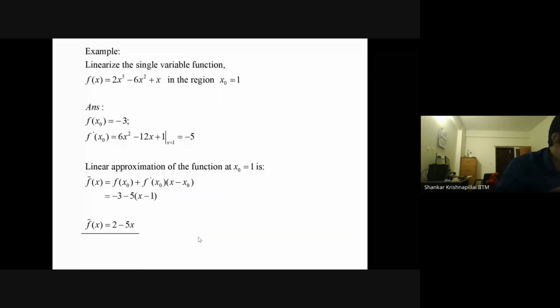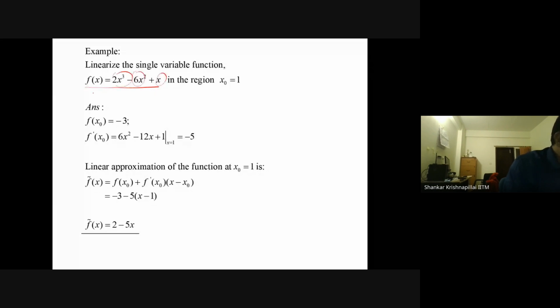Let us visualize the meaning of linearizing an objective function. We'll try to understand it with a simple objective function: f of x is equal to 2x cubed minus 6x squared plus x. This is an objective function in a single variable x, and it's a cubic equation. Let us see how it looks if you linearize it.